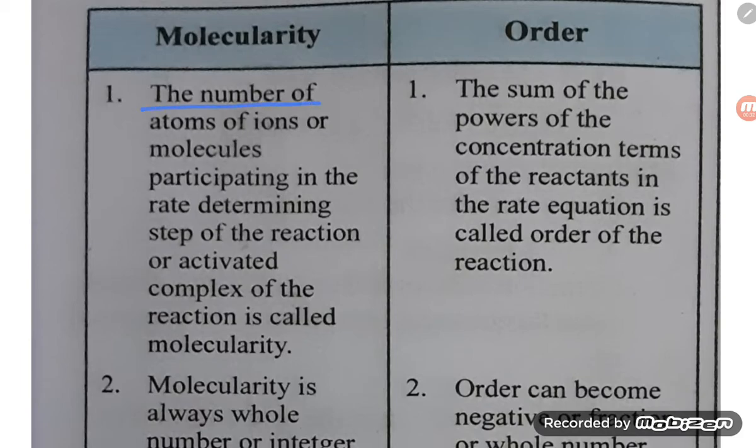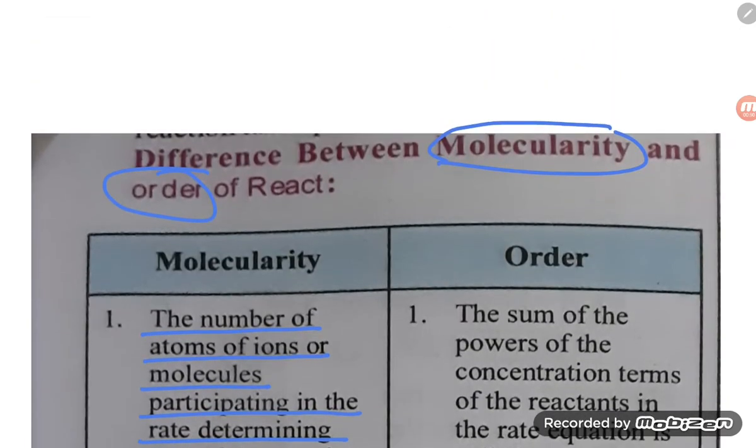The number of atoms or ions or molecules participating in the rate determining step in the reaction, or the activated complex of the reaction, is called molecularity. What is the meaning of this? Suppose we have 2HI reacting and giving I2.